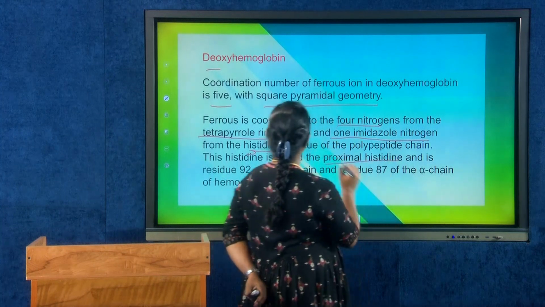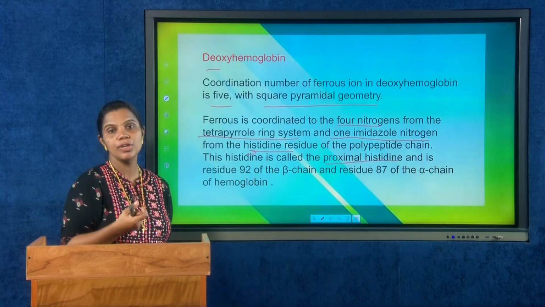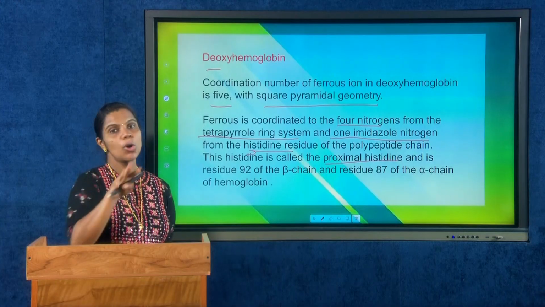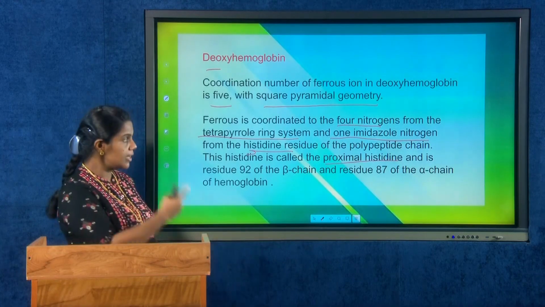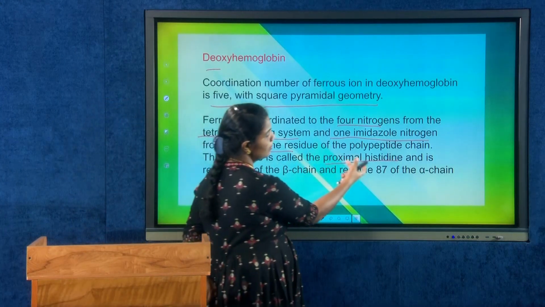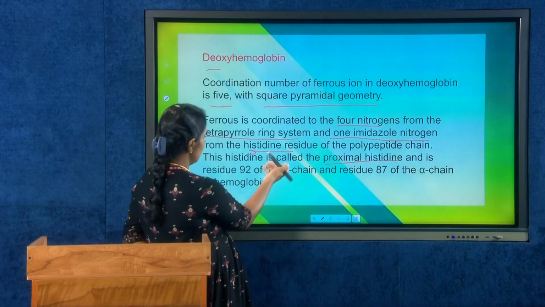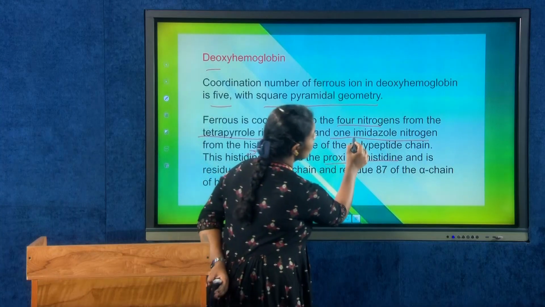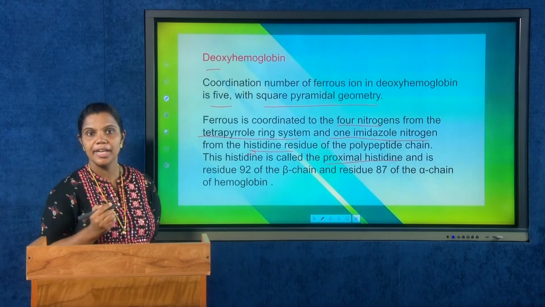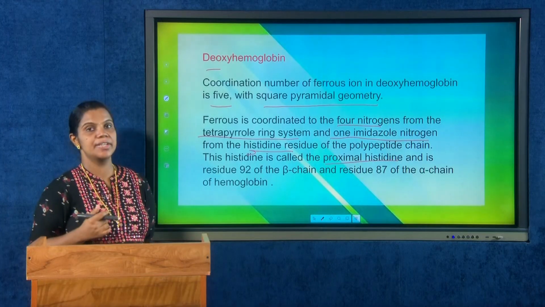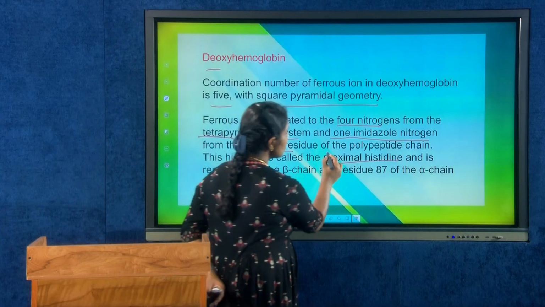The 4 coordination sites are occupied by the 4 nitrogens of the pyrrole groups, and we have another nitrogen from the amino acid histidine. The imidazole nitrogen of the histidine residue coordinates in the 5th position, and that histidine is known as the proximal histidine.